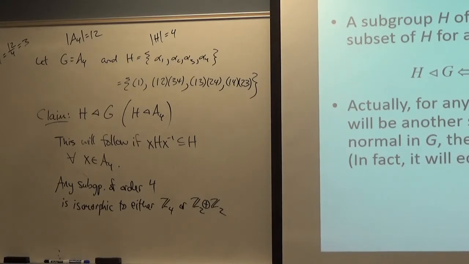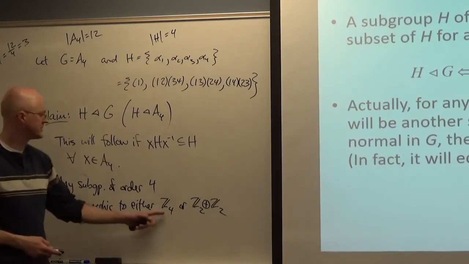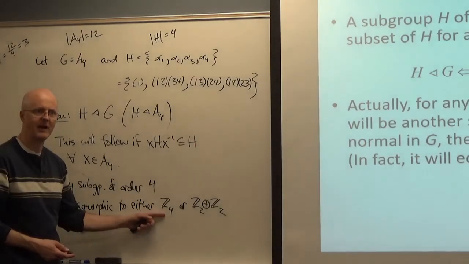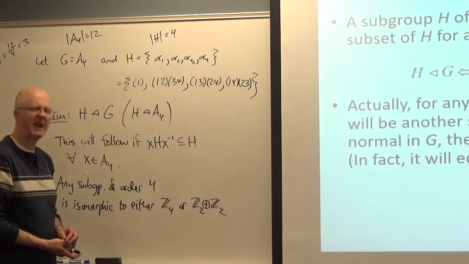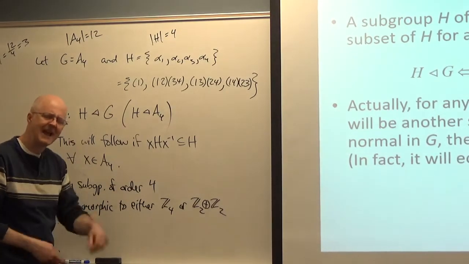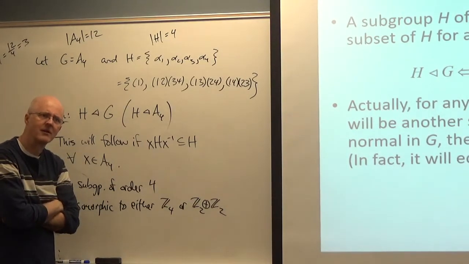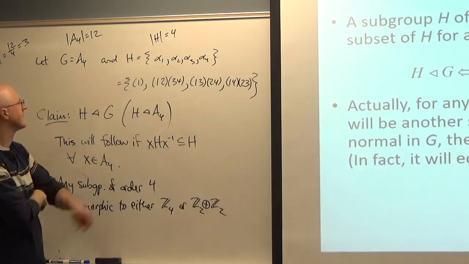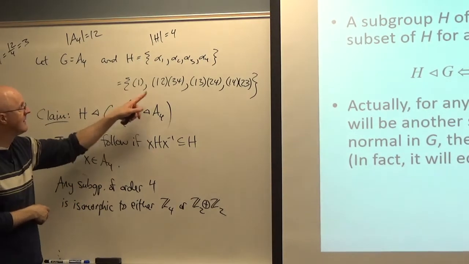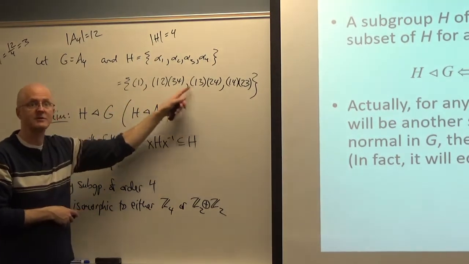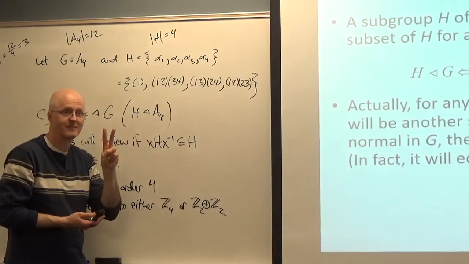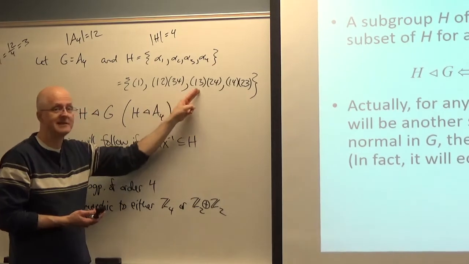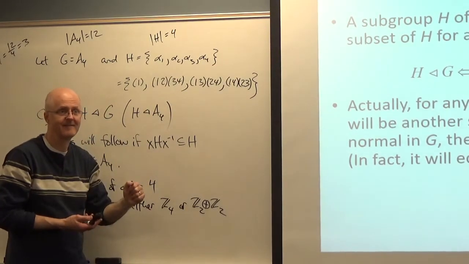But wait a minute. Subgroups of order 4 that are isomorphic to Z4 have generators, elements of order 4, in fact 2 of them. But A4 doesn't have any elements of order 4. It's got the identity, order 1. These 3 products of disjoint 2-cycles each have order 2. Square these things, you'll get the identity.